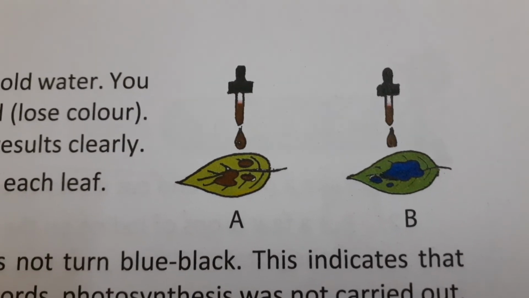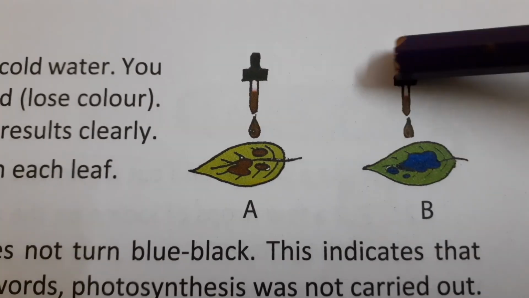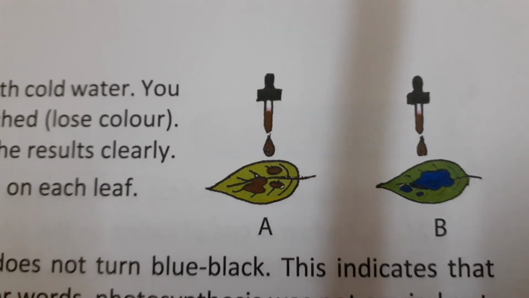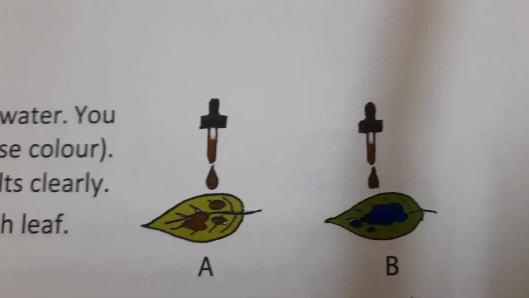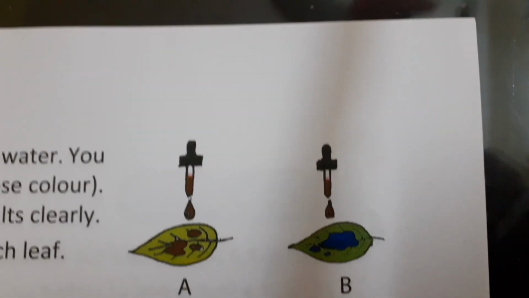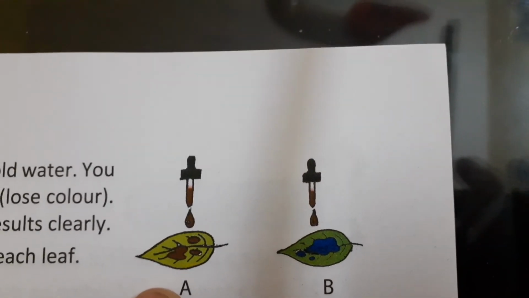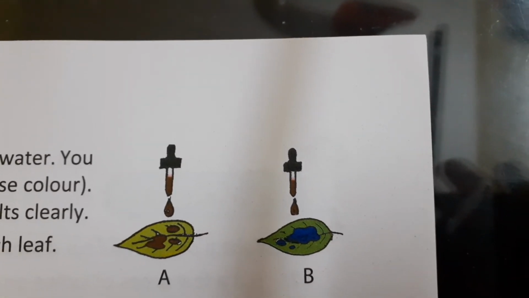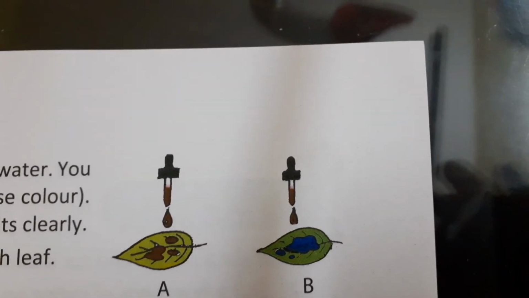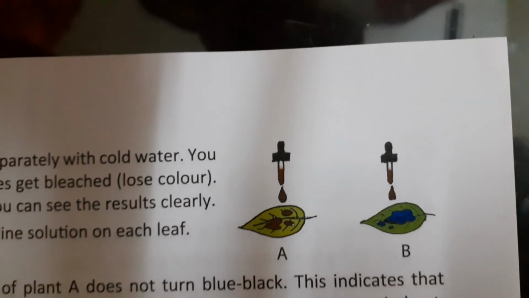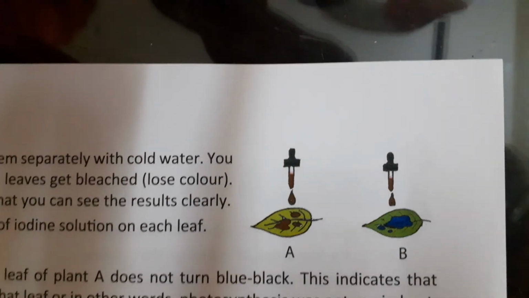Put a few drops of iodine solution on each leaf. What do you observe? You will observe that the leaf of plant A does not turn blue to black. This indicates that starch was not formed in that leaf.